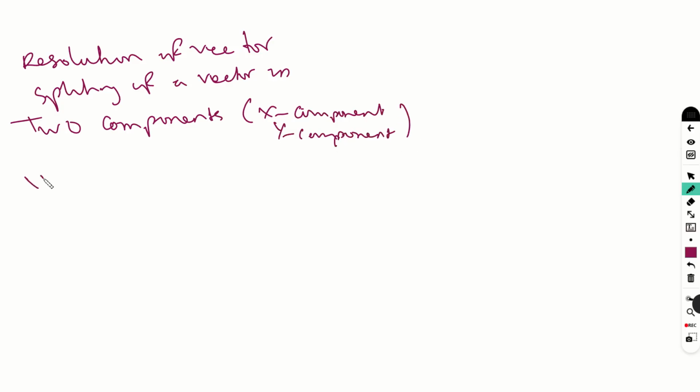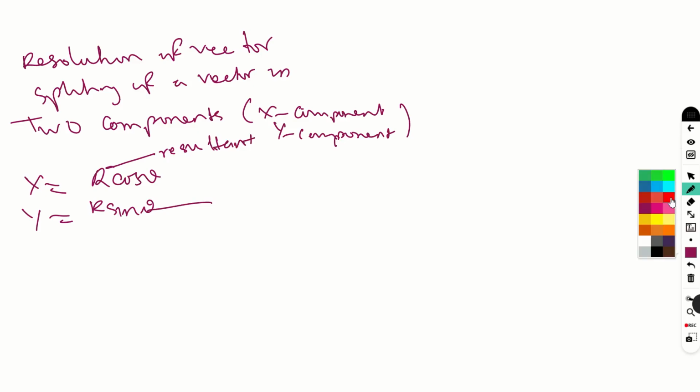So the x component is always given as R cos theta, and the y component is given by R sine theta, where R is a resultant, and theta is the angle.